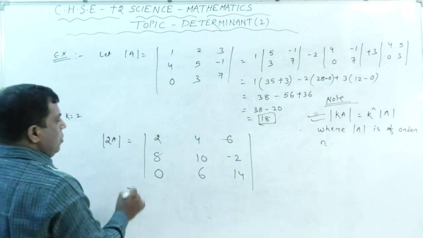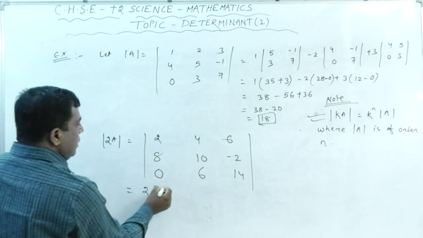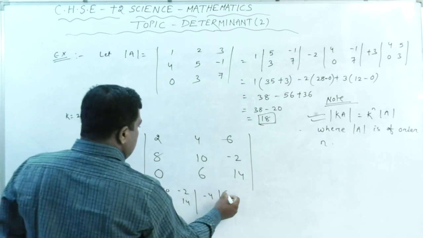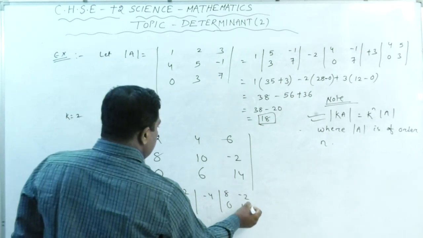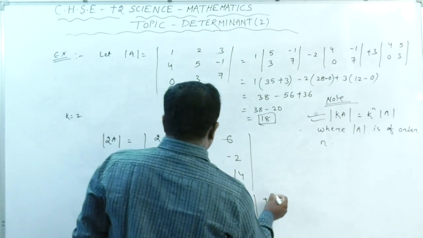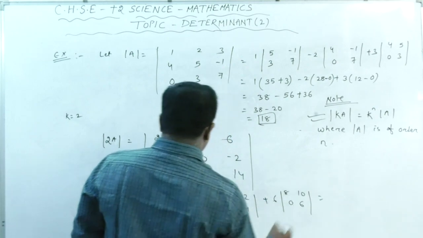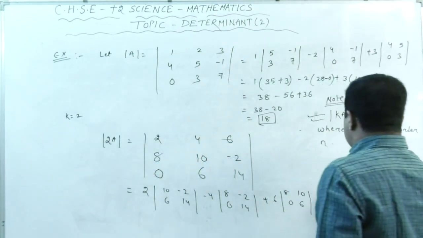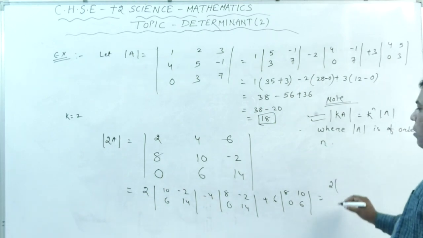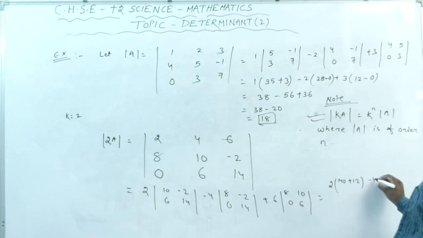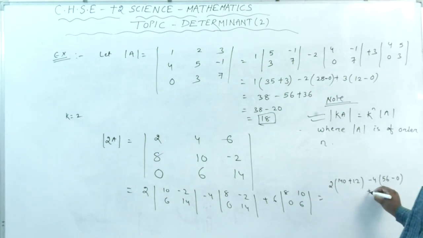Now we can evaluate this one also. It is 2 times the determinant of 10, minus 2, 6, 14, minus 4 times the determinant of 8, minus 2, 0, 14, plus 6 times the determinant of 8, 10, 0, 6, and we have to evaluate it. It is 2 times 140 plus 12, minus 4 times 56 minus 0, plus 6 times 48 minus 0.